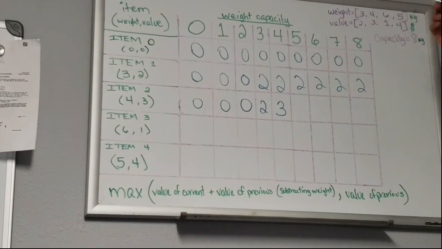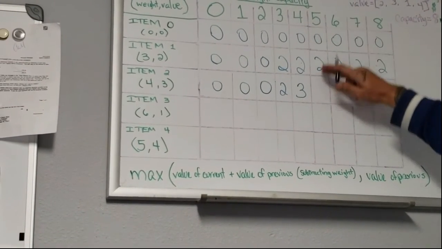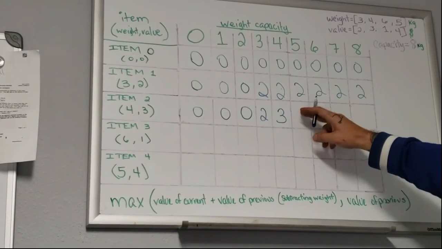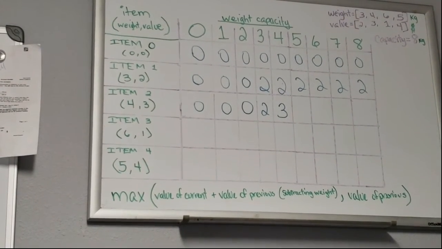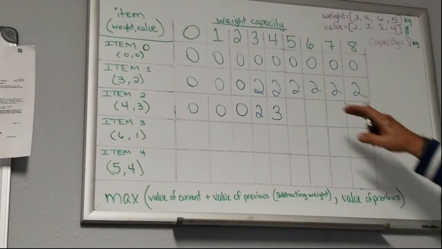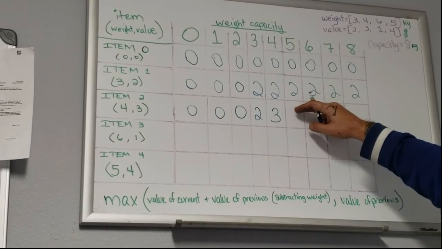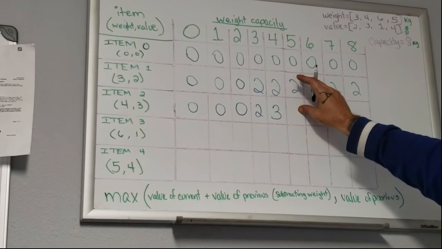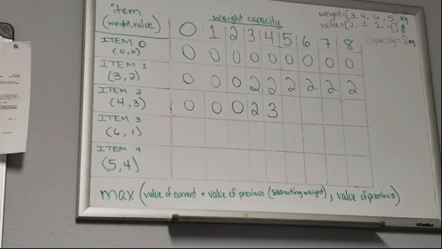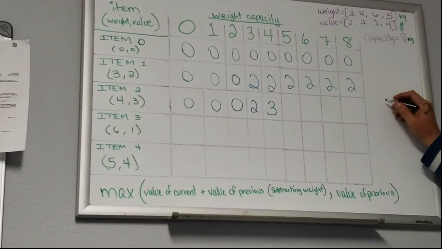On our next cell, our weight capacity is 5. So let us use our pseudocode to help show how this is being calculated. With the capacity of 5, the available items are item 1 and 2. Let's fill this into our pseudocode. We select the maximum value of the current value.